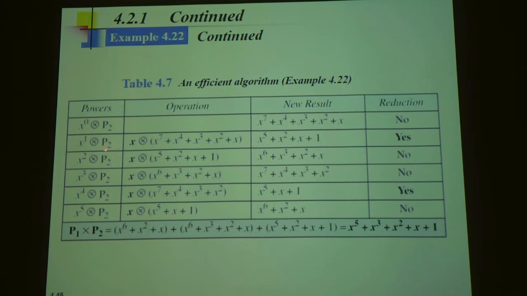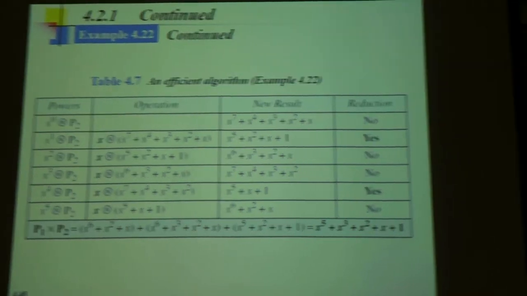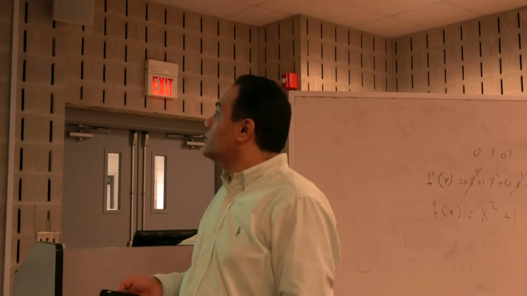I multiply it with one more x, so I move this here, multiply it with x, and give me the result. I move this in here, multiply it with more x, and so on and so forth. So at the end, P1 times P2 will give you that result. So in the computer, you keep multiplying with the results.